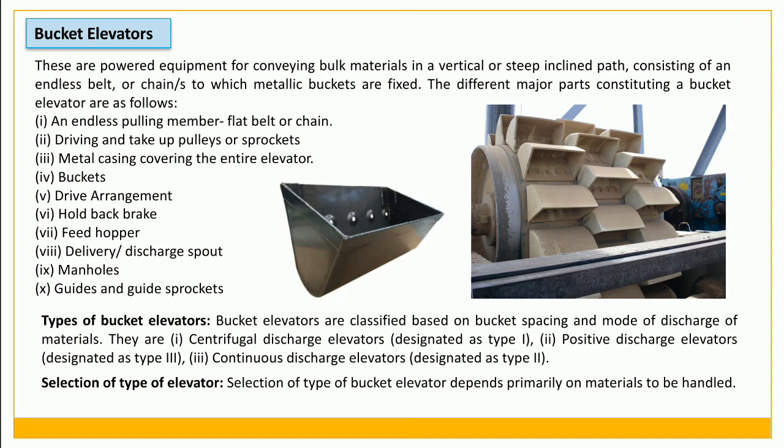In this way you can easily find out what bucket elevator you need to use. Number 1 is the centrifugal discharge bucket elevator, number 2 is the positive discharge bucket elevator, number 3 is the continuous bucket elevator.